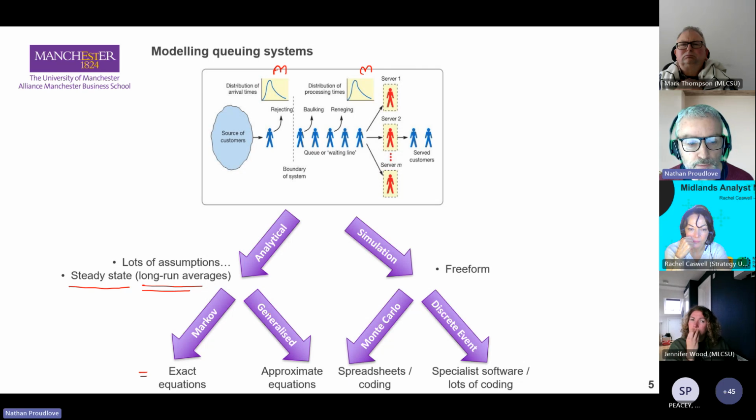You can relax them a bit to get some really useful, powerful, general equations that allow us to think about, well, what if the distribution was different? What if it had less variation or even more variation? What would it do? But now we're in approximate territory. So still it's good enough for some insights, some first cut rapid numbers.